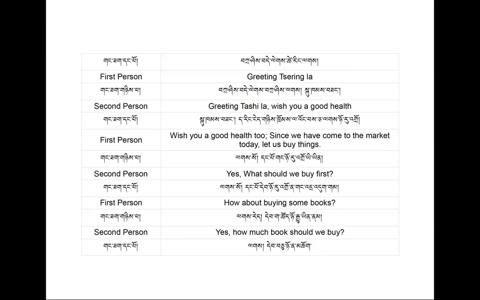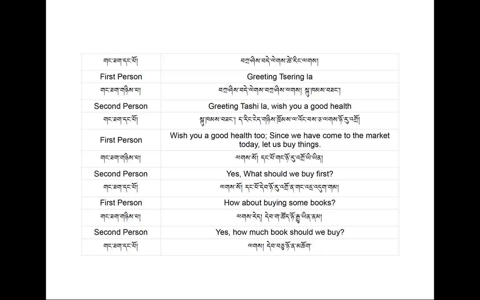So the number that signifies the quantity of a thing is always written after the particular thing. So tepchu, 10 books. Tepchu nyona chok, which means it's best to buy 10 books.